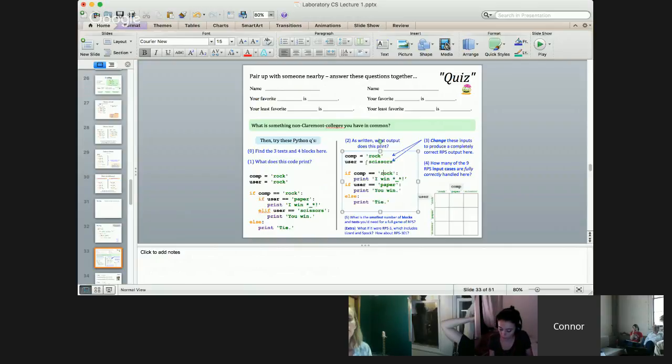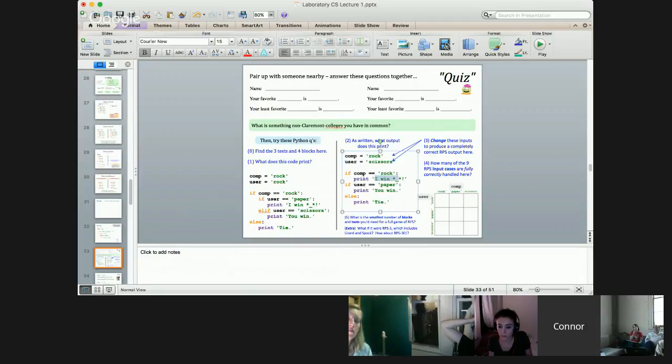So how would this work? Walk us through. So if the computer was rock, then that beats scissors, so rock wins, or computer wins. If the user is scissors, then rock still beats scissors, and comp still wins.